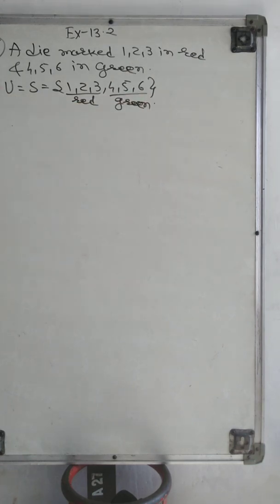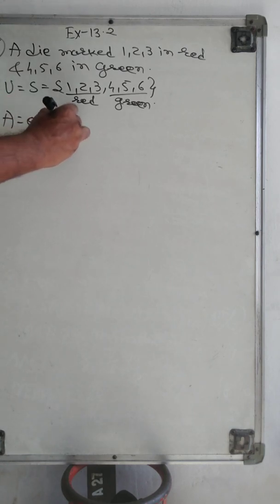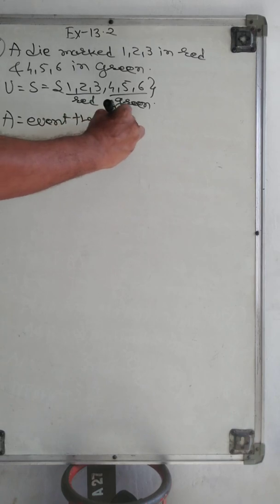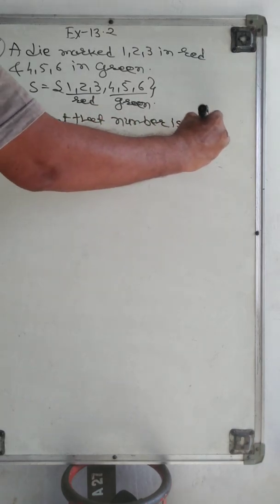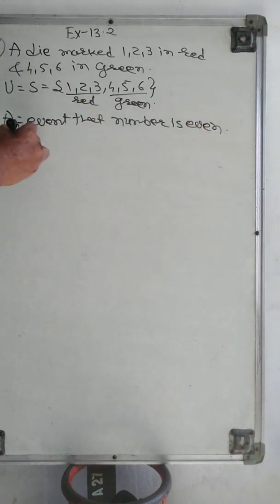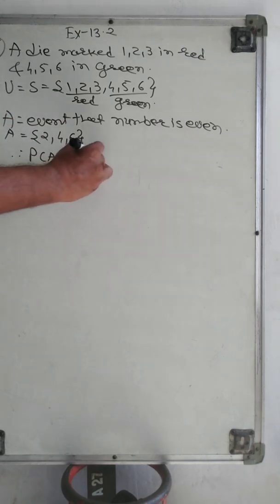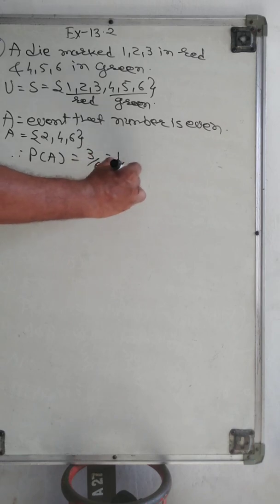Now A is the event that the number is even. The number is even means we have 2, 4 and 6, right? So this is A, and P(A) is equal to 3 by 6, or 1 by 2.